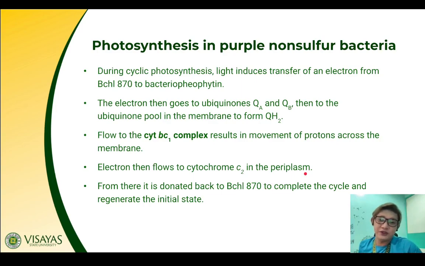An electron then flows to cytochrome c2 in the periplasm. From there, it is donated back to bacterial chlorophyll 870 to complete the cycle and regenerate the initial state. So it is called cyclic phosphorylation or photosynthesis because the electron is recycled back.